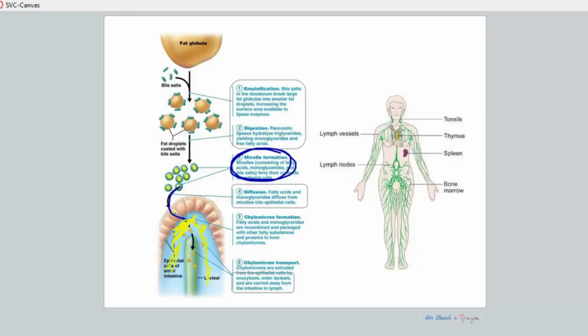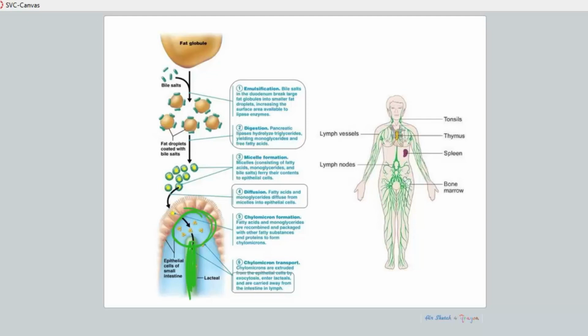Instead of these component parts entering the blood supply, they enter the lymphatic system. Remember, the lymphatic system drains this mucosa, and it takes up these glycerol molecules and free fatty acids.